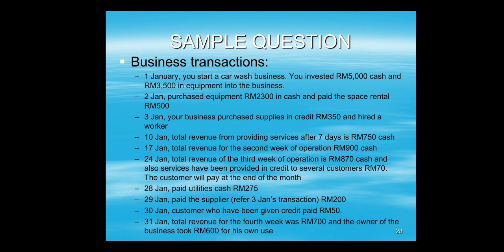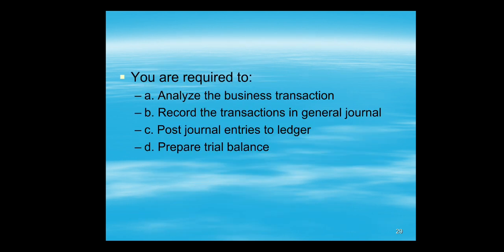When you read these sample transactions, it is like this business is owned by you. This business is your business. You start the business and then you pay something, you receive cash from customers, and then using these sample transactions, you are asked to make accounting records for your business.